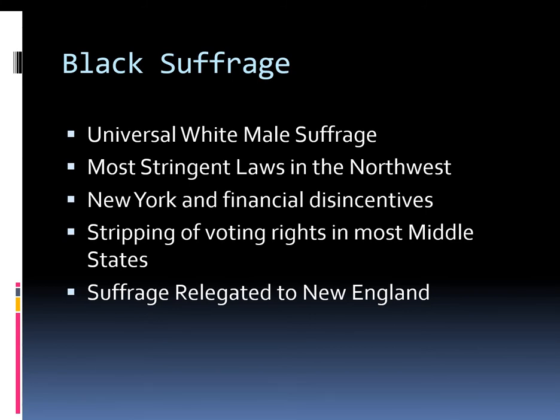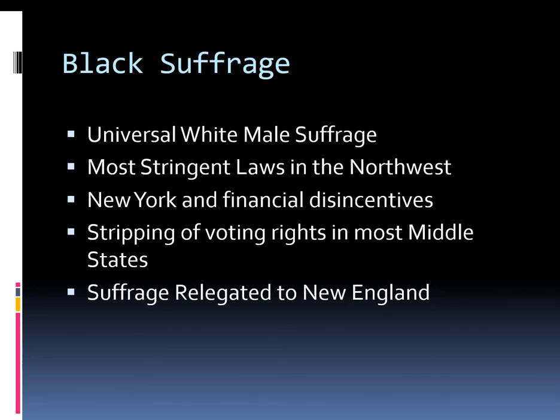Now, women, you're on your own, and blacks, you better not. But there was an attempt at universal white male suffrage. Well, there's a somewhat universal attempt at trying to make sure that blacks don't vote. There were some states that allowed it.